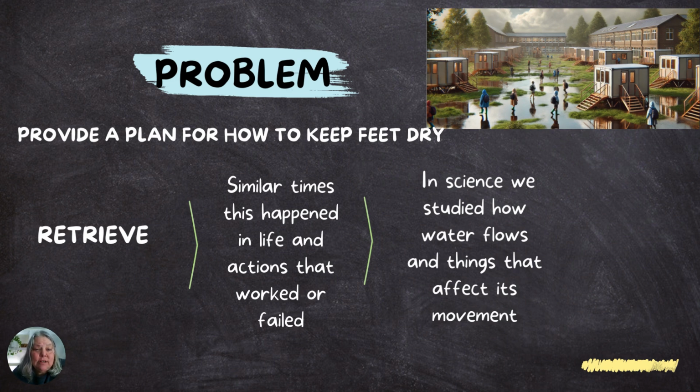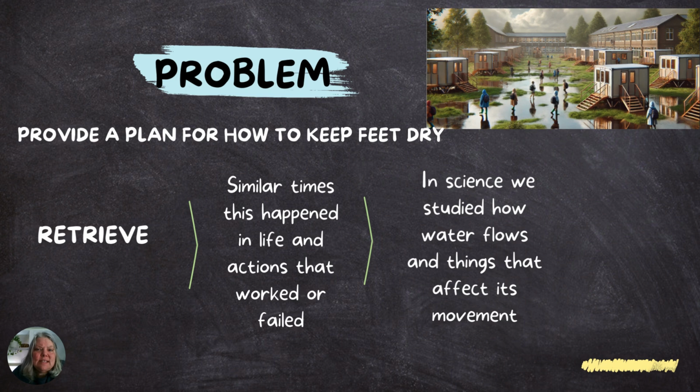I asked students to come up with an answer to solve our problem about our feet getting wet as we came to and from classes, and if they could think of any times that anything we've done might help with this. What we came up with was, in science, we had studied how water flows and how the things that affect its movement can divert water or make it go where you want it.